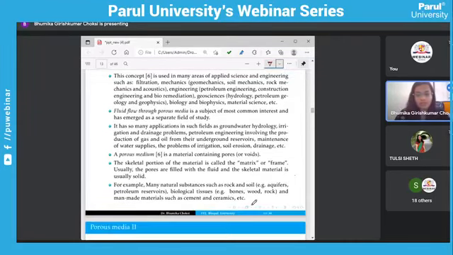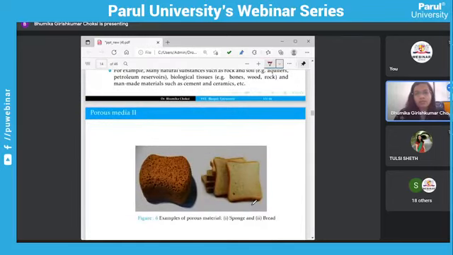So you can see the figure, any material which has pores or void spaces, for example, sponge or bread or cement or wood or rock or our bones, anything which has void spaces, void regions. So it is called porous material.